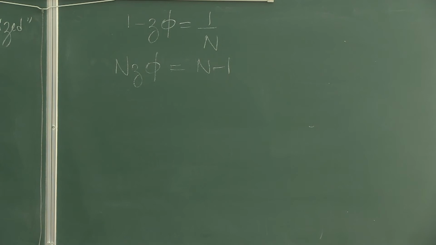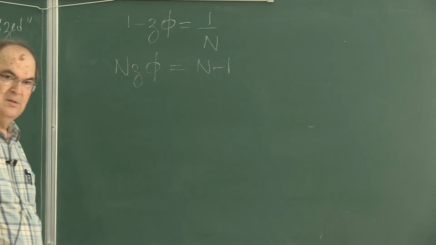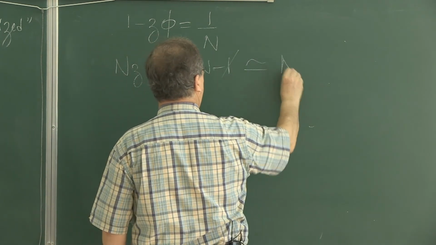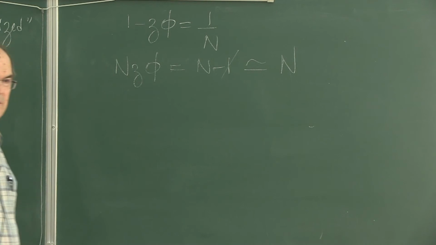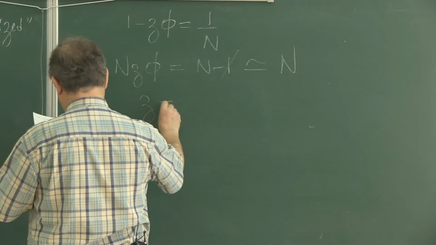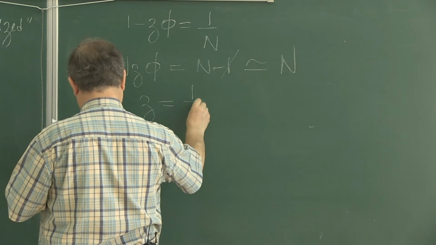But n is a very large number. You can safely omit 1 here, isn't it? So that's n. 10 to the 23 minus 1, 10 to 23. So z is 1 over phi.